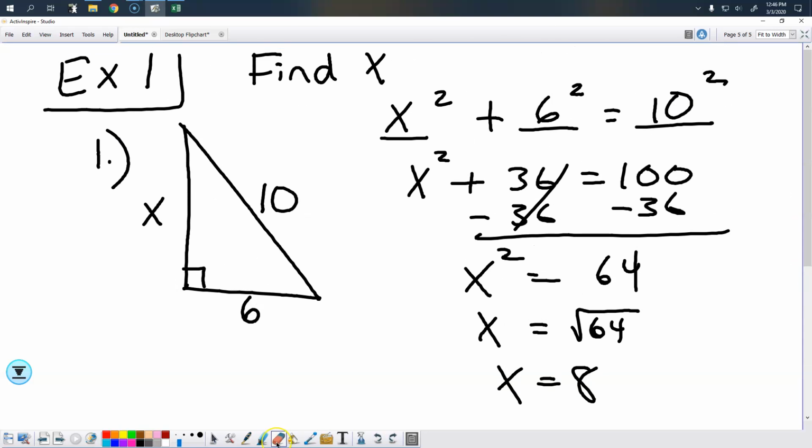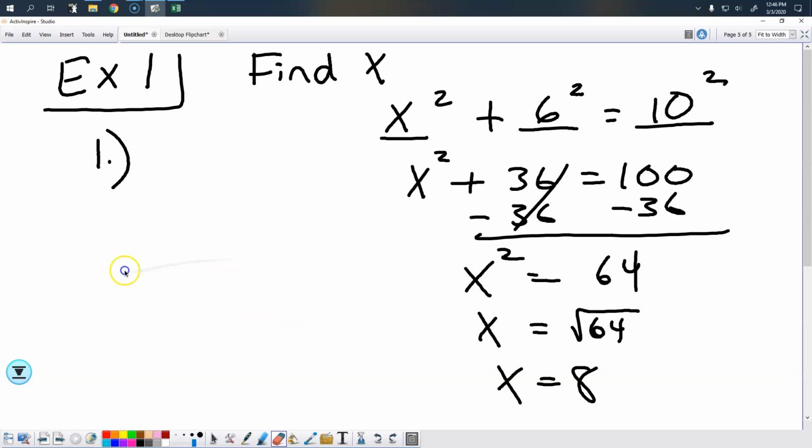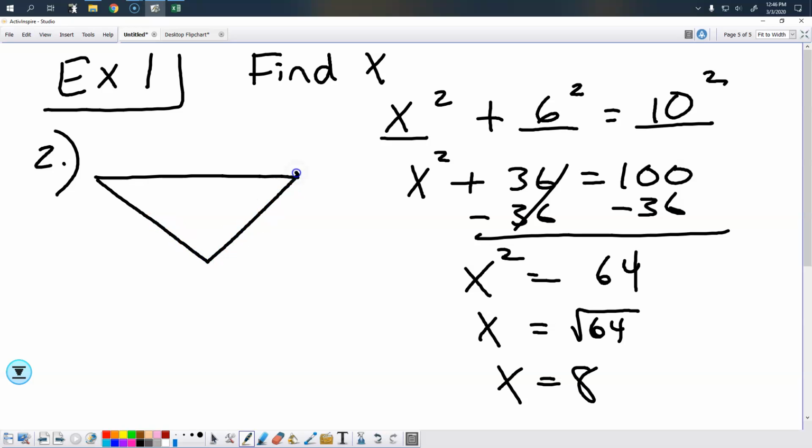Let's do another one. That's too small of an eraser. There we go. Okay. What kind of triangle is that?